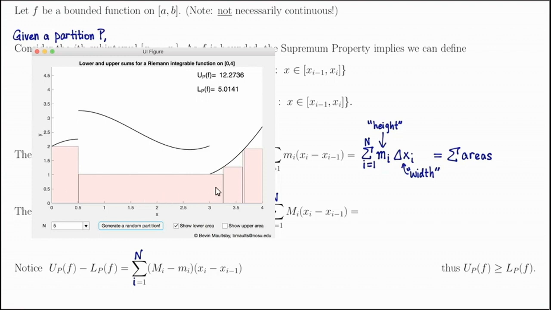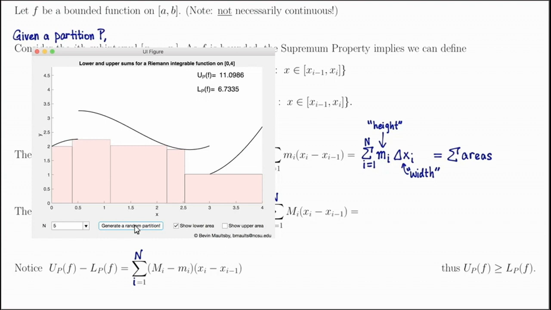Then our second subinterval is really wide, and here, about right over x equals 3, we see how to determine the infimum of all of the set of outputs that f takes over this second block. And then the third one, the infimum is here, fourth one, fifth one. So with respect to this partition, the sum of the areas of these 5 rectangles would be the lower sum of f.